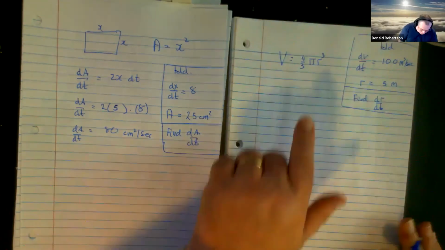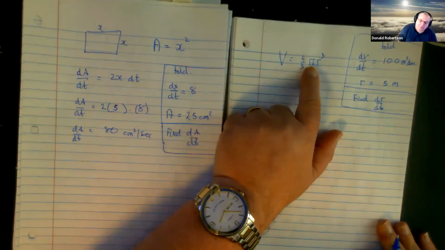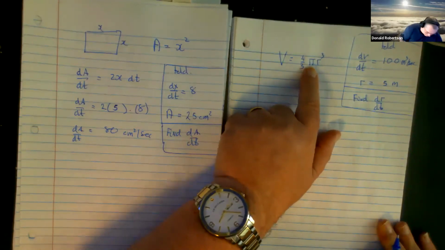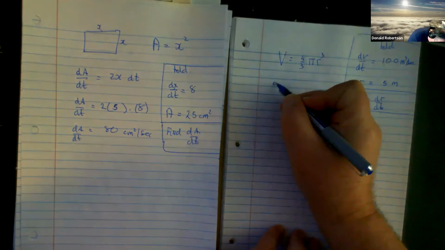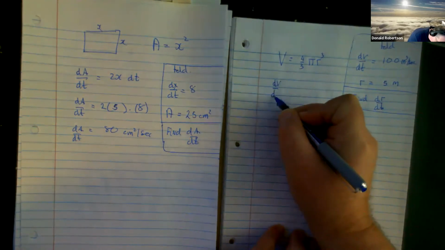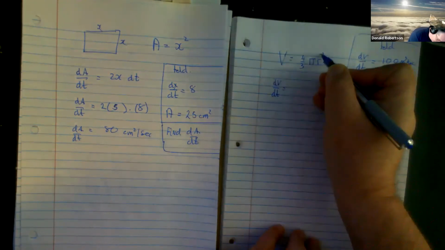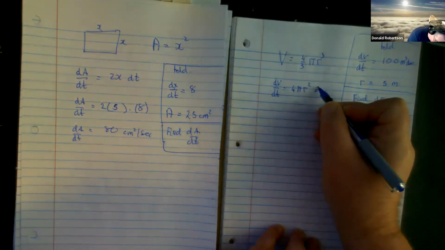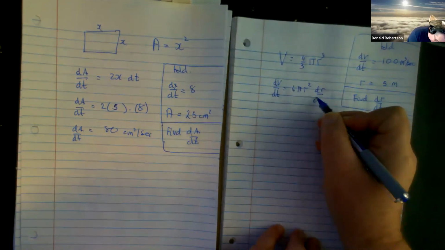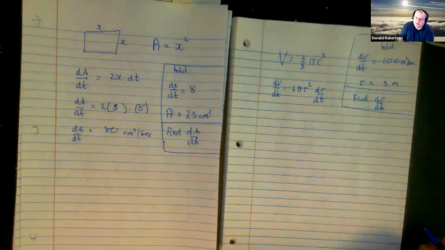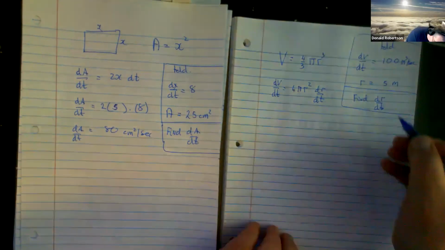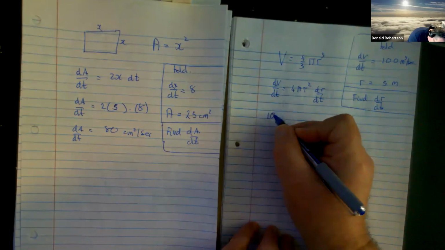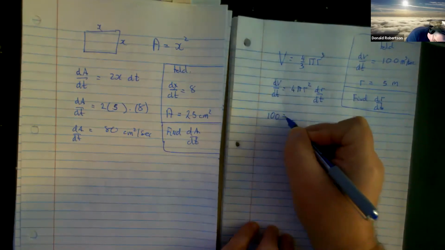Now, there are going to be a lot of similarities between what I did in the previous question and what I'm about to do. Of course, I'm going to begin by differentiating with respect to t, multiply by the power, reduce the power by 1, and put in dr by dt, right? That's exactly what we did last time. I'm going to put in the numbers, but this time I know this guy is 100.